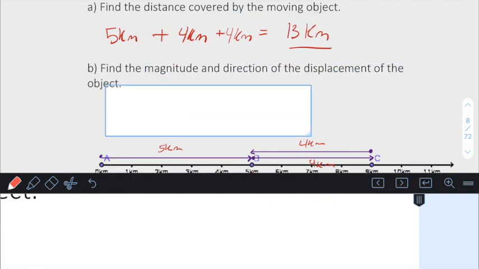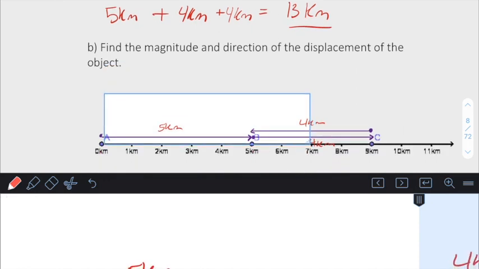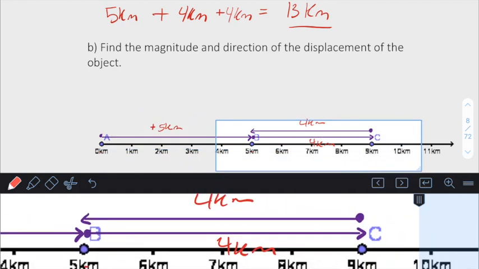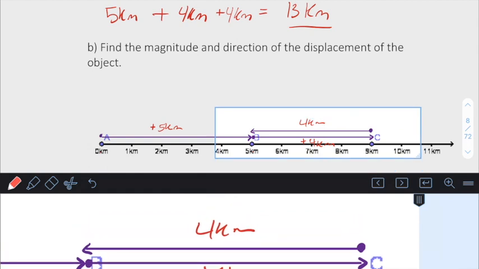Now, if we needed to talk about the magnitude and direction, we would realize that this first one is in the positive direction because the numbers are getting bigger. The second movement from 5 to 9 would also be in the positive direction. But in the last step, let's break that down a little bit. Our origin point is at 9 kilometers, and our end point is 5.